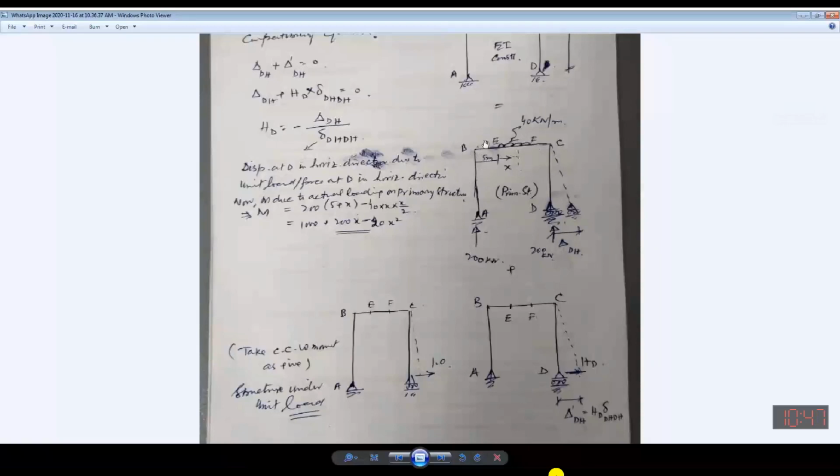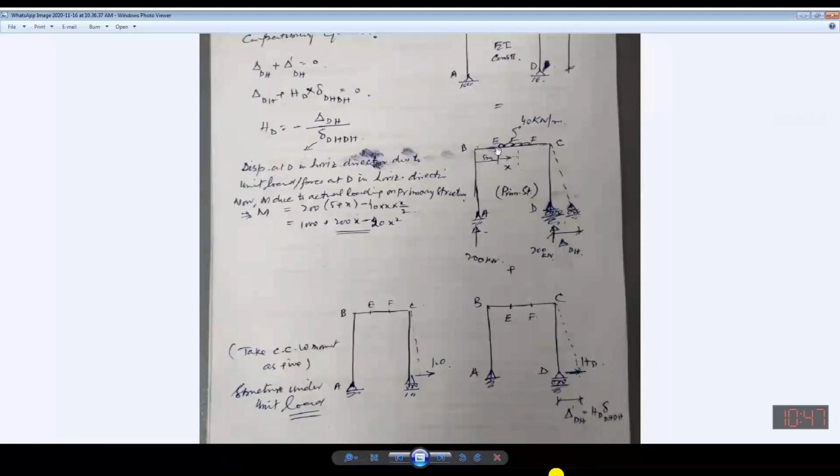At 1 meter it will be something else, at 2 meters something else, at 5 something else. So the first one is 0, the second one BE is 200 into 5. Now I see that under the effect of this force, it is producing sag inward. In general, conventionally, if the sag is inward, then it is taken to be positive.